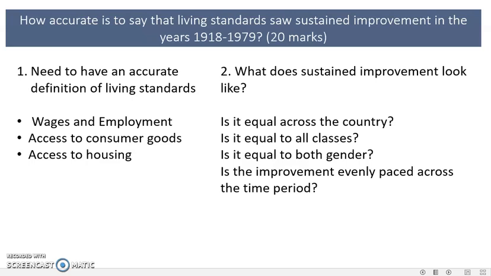And then we look at the 1950s as well. I think about Harold Macmillan saying Britain had never had it so good. So that discussion and that acknowledgement of what sustained improvement looks like is the way that you're going to help build in nuance or deeper analysis.